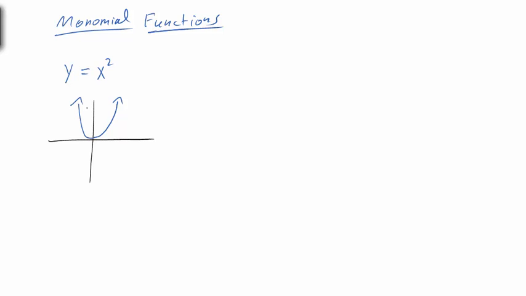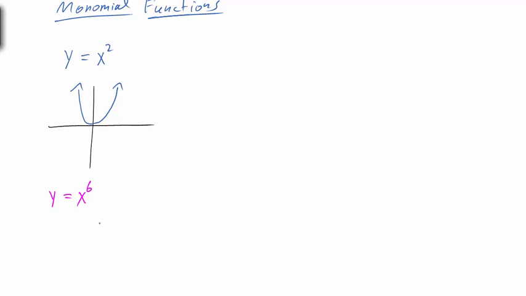Then what's going to happen if we look at a higher degree other than y equals x squared? For example, what happens if we look at, let's say, y equals x raised to the fourth power or maybe the sixth power?